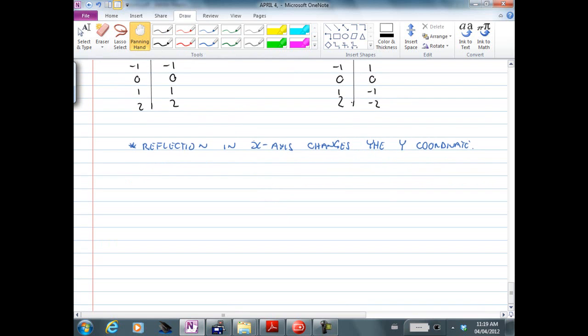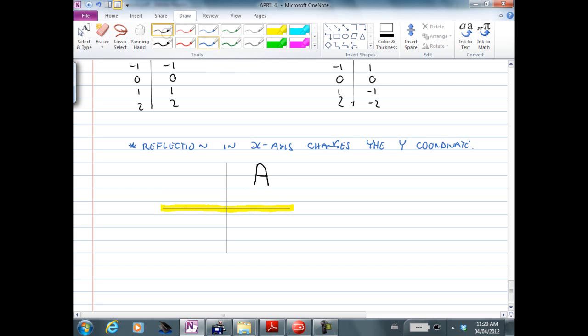So let's draw a little picture. Keep it simple. Let's say you have the letter A. If I were to reflect this A over the x-axis, here's my x-axis.